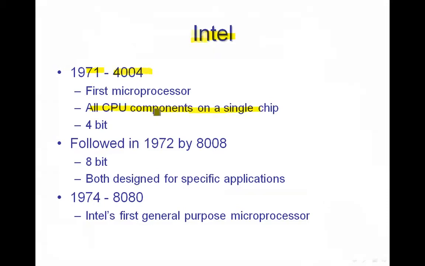It was a 4-bit CPU, followed in the year 72 by the 8008 processor. It was 8-bit, both designed for specific applications, the 4004 and the 8008. In the year 74, they introduced the famous 8080. It was Intel's first general purpose microprocessor.